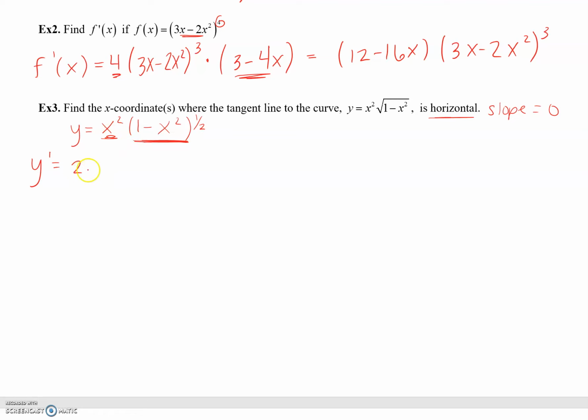So the derivative of x squared is 2x times this piece stayed what it was, plus x squared times, this is where we get to do chain rule. So the 1/2 comes down to the front. Everything inside is going to stay the same while I finish out power rule. So I get a negative 1/2 times the derivative of that inside, which was negative 2x.